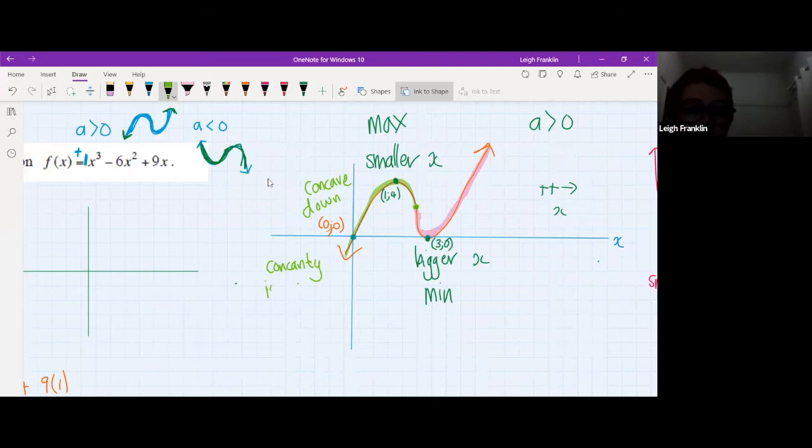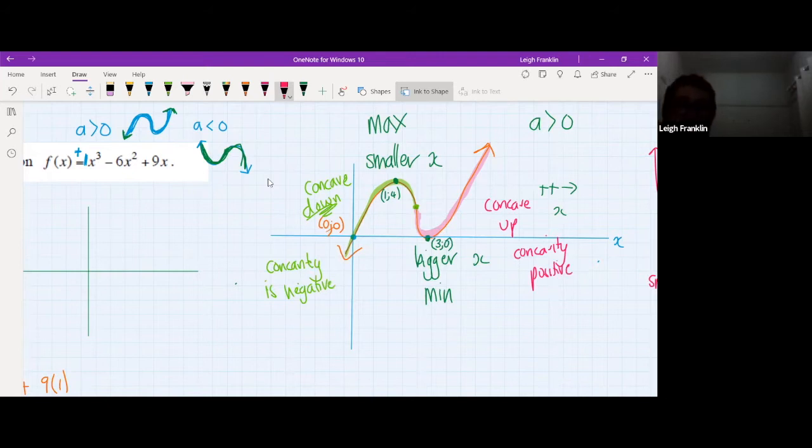Sorry, concavity is negative if it's concave down. Over here, where it's concave up, the value of the concavity is going to be positive.